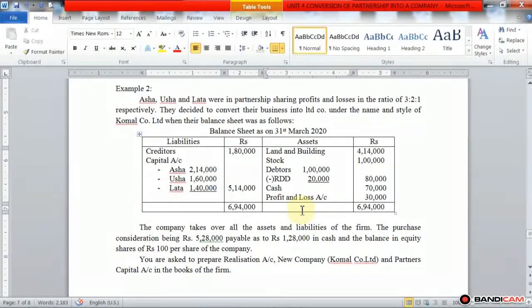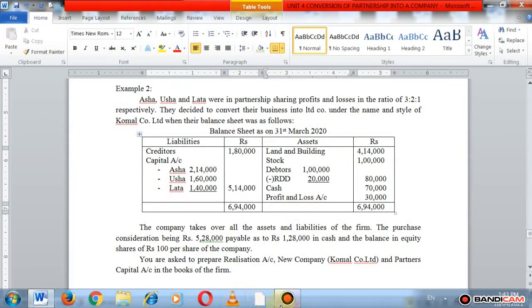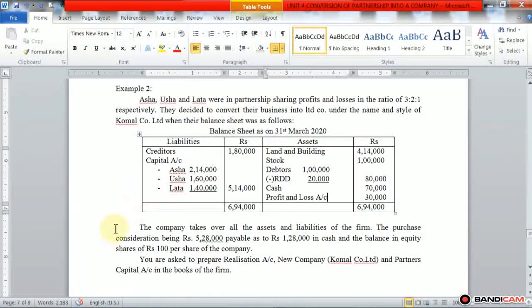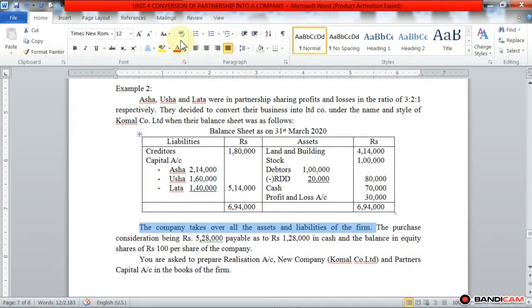Here additional information is given. The company takes over all the assets and liabilities of the firm. So here the Komal Company has taken over all the assets and liabilities of the partnership firm.